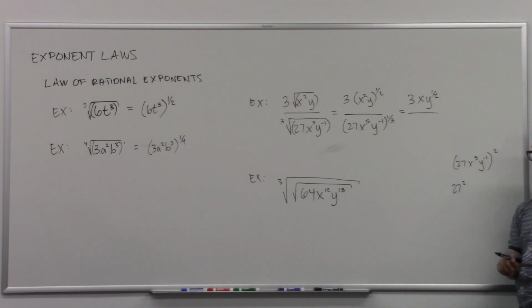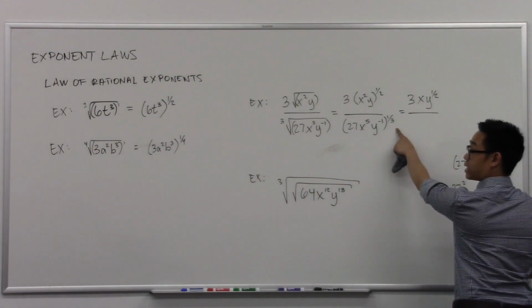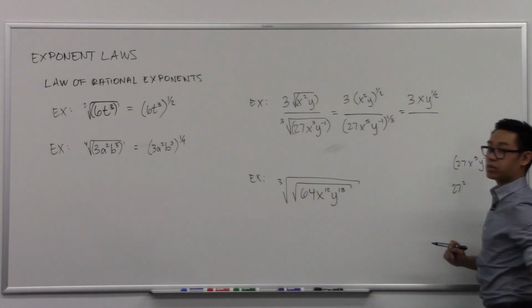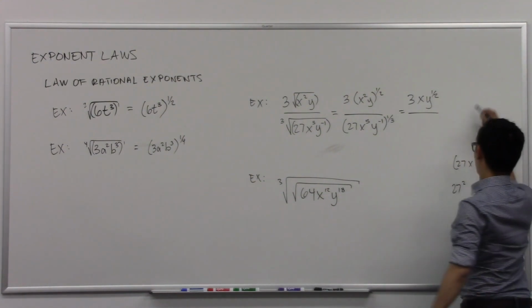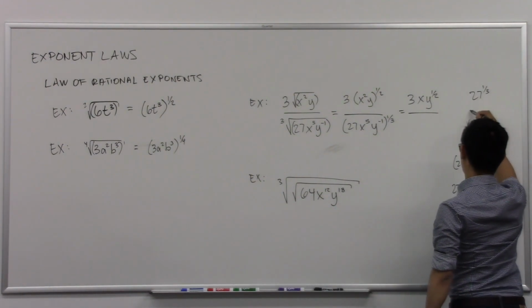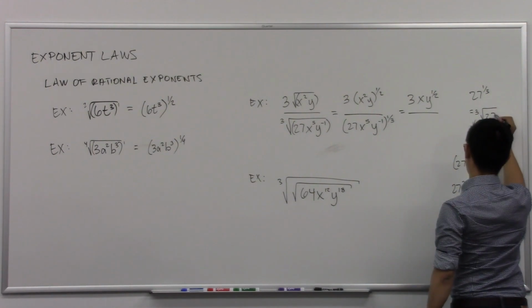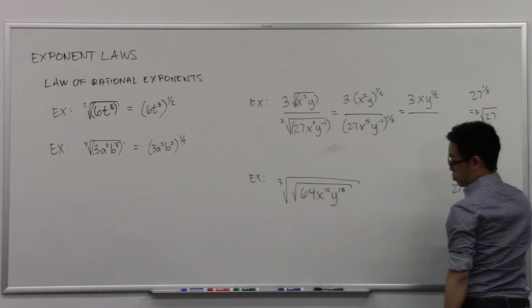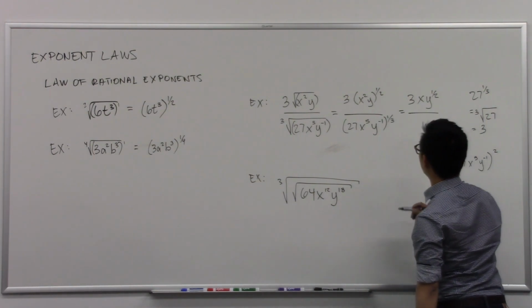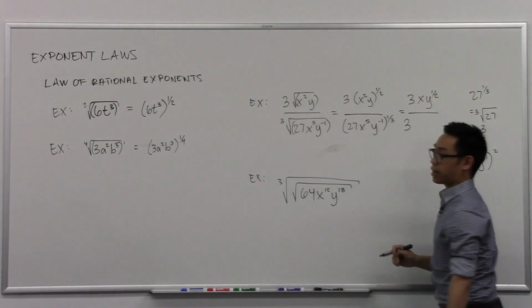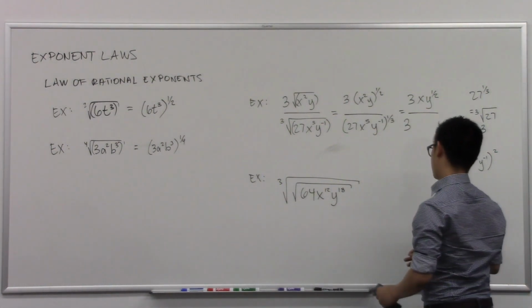You would have typed that into your calculator. Well, if it's 1/3 instead, you just type in what's 27 to the 1/3. Well, 27 to the 1/3 is the same as the cube root of 27. What cube makes 27? 3. But you could have just typed that into your calculator. 27 to the 1/3 is 3.